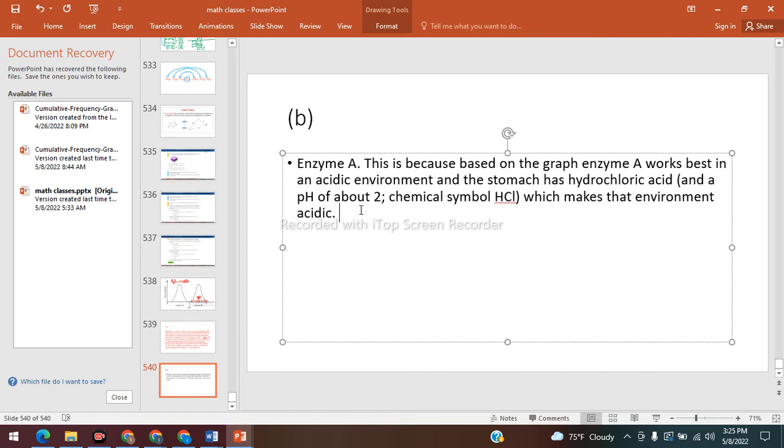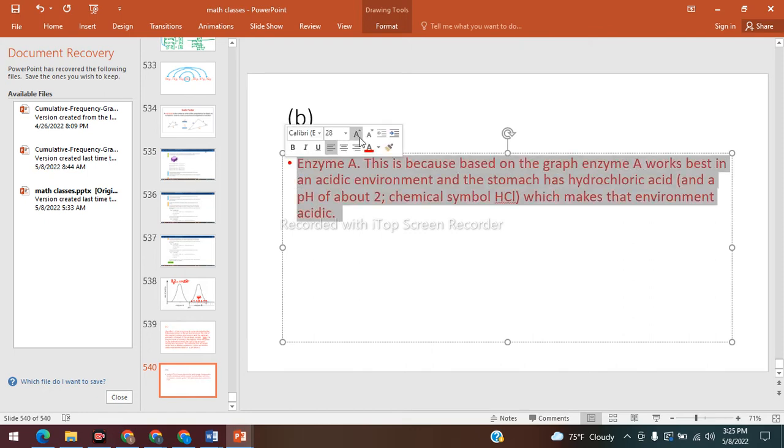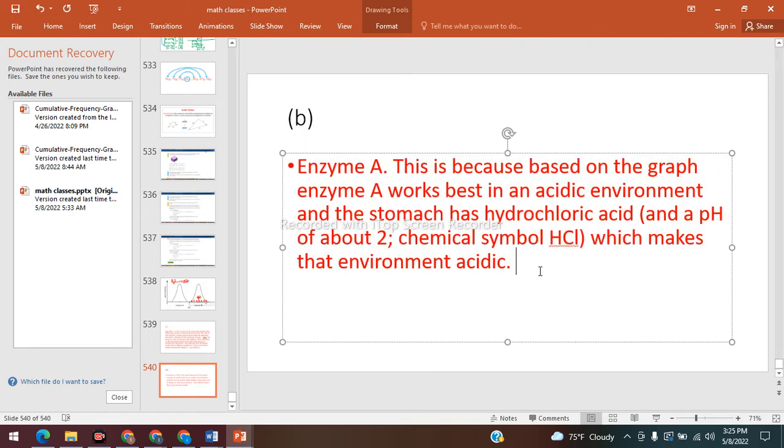Okay, so next up would be, you're going to say that's providing the optimal condition for enzyme A. You could say that, but I already said this at the beginning, so it'll be redundant at the end.